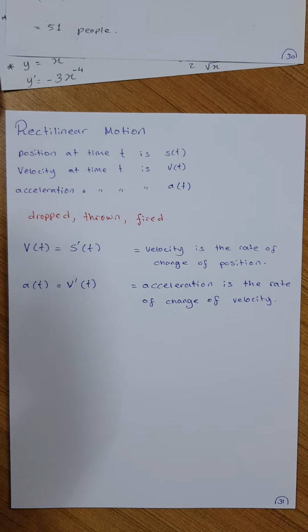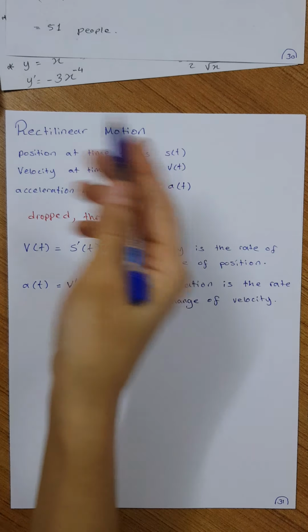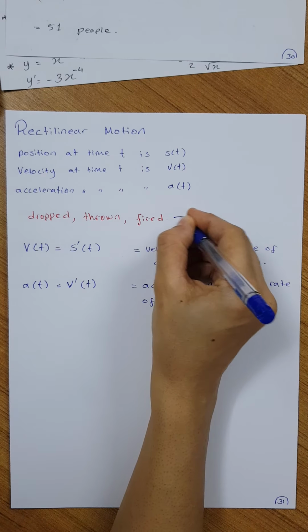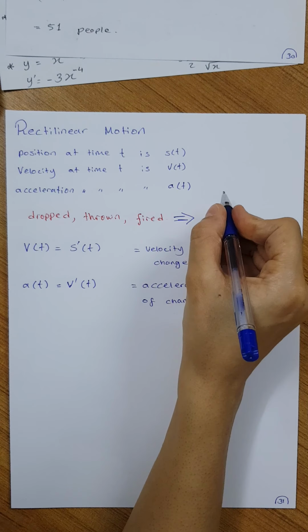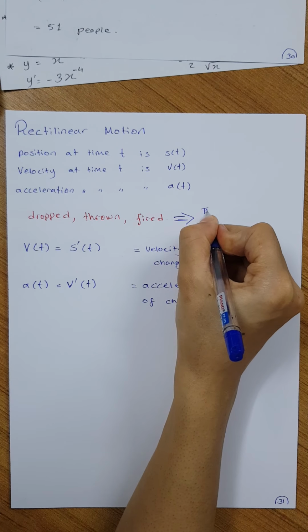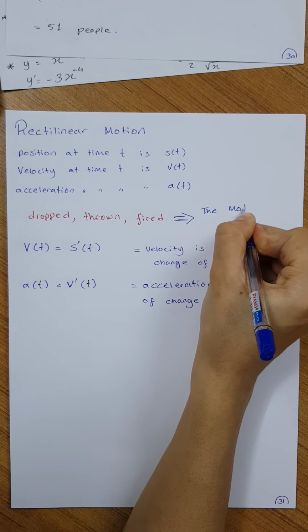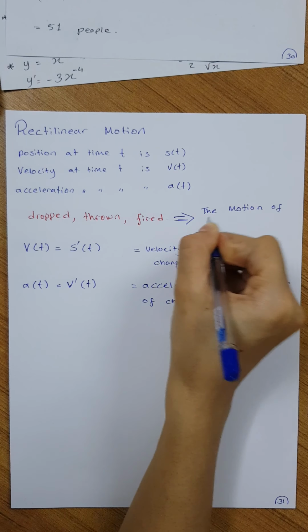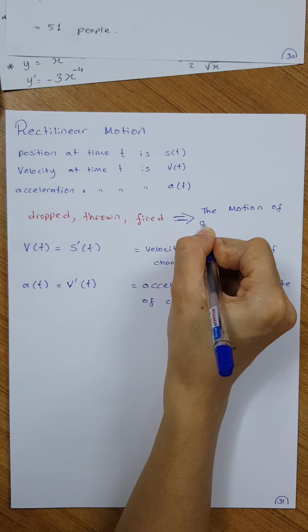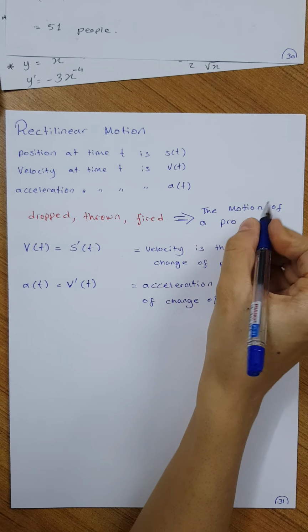We have got, in general, when we are talking about positions, the motion of a projectile, okay? When we are talking about the motion of a projectile, I have described this whole notion for you because we need these for the motion of a projectile.